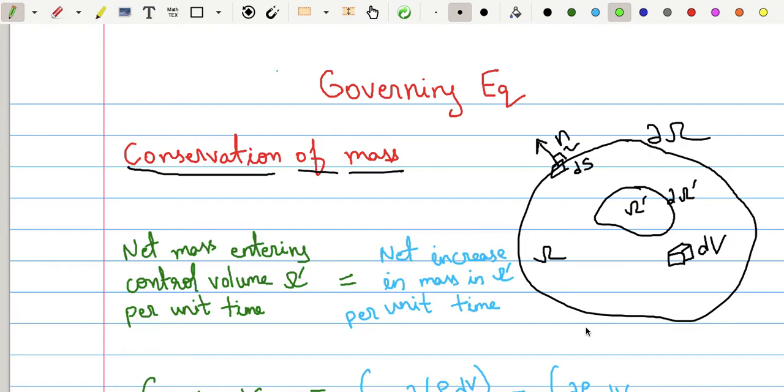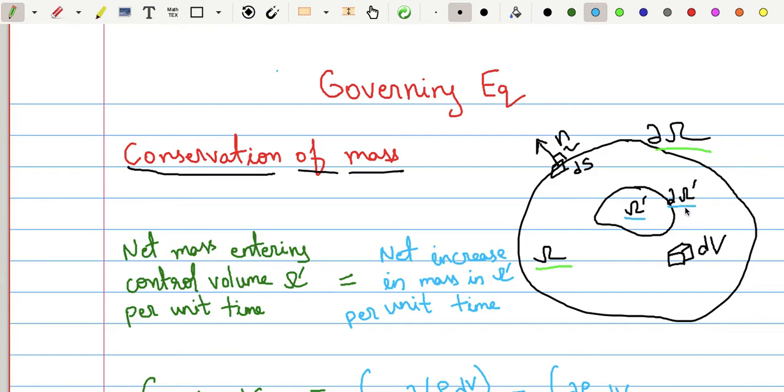Now, if you look at the black figure over here, you will see that I have drawn two shapes: an outer shape, whose domain I have denoted by the symbol omega, and a subdomain whose volume I have denoted by omega prime. For domain omega, its boundary is d omega, and for the subdomain omega prime, its boundary is d omega prime.